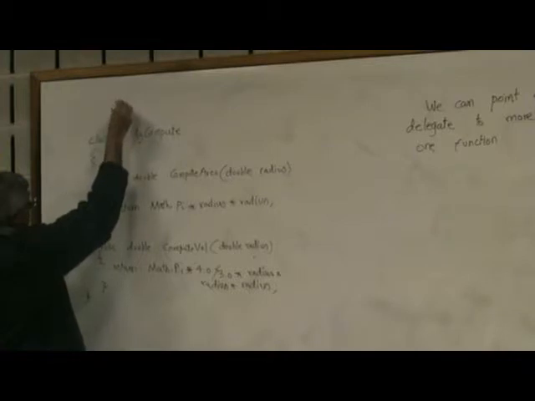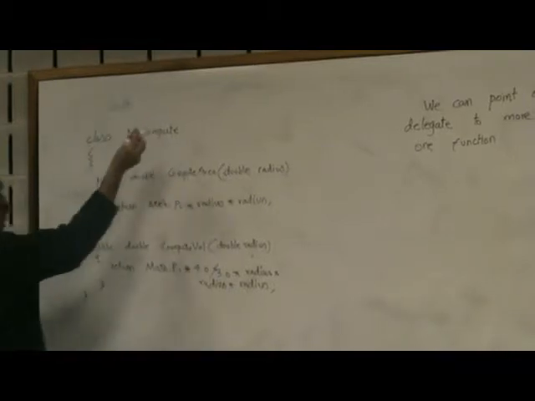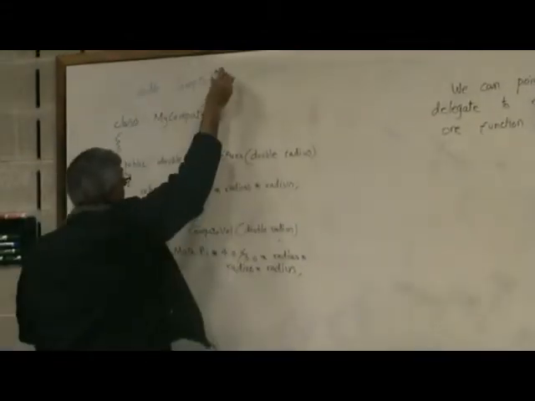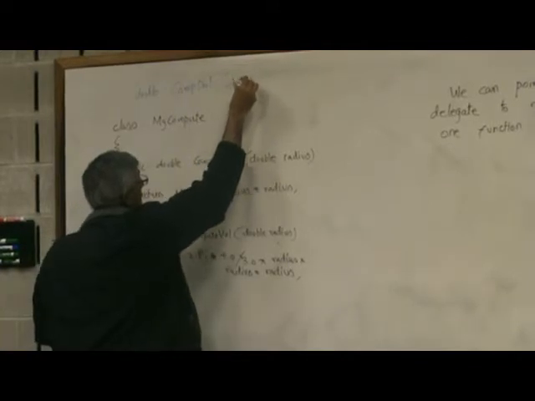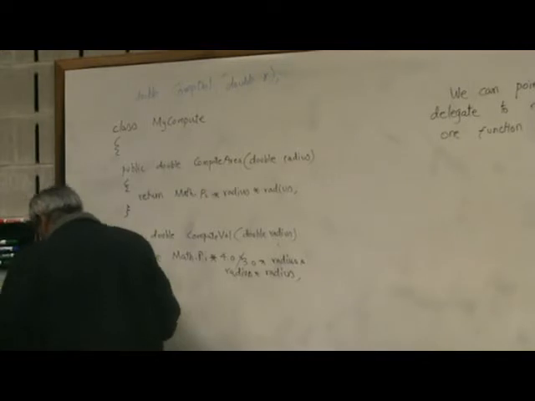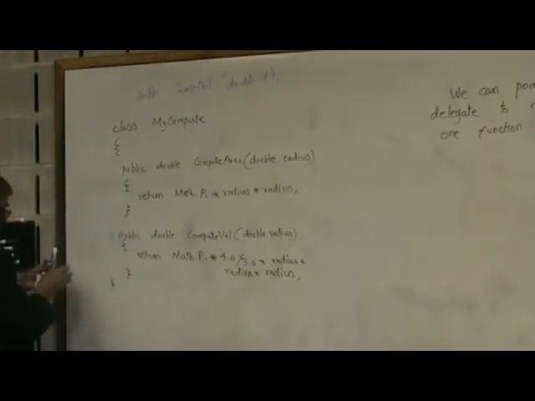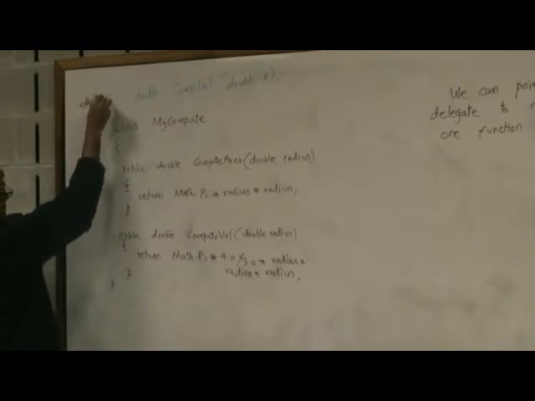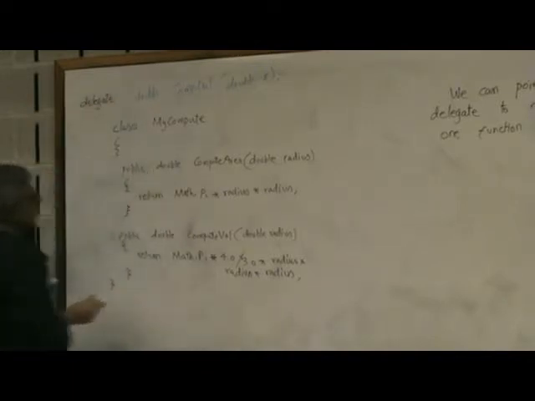Suppose I call it double, and suppose I call it CompDel, and it takes a parameter double r. Okay, and how do I convert it to a delegate? Simply add the keyword delegate, right? You guys agree?